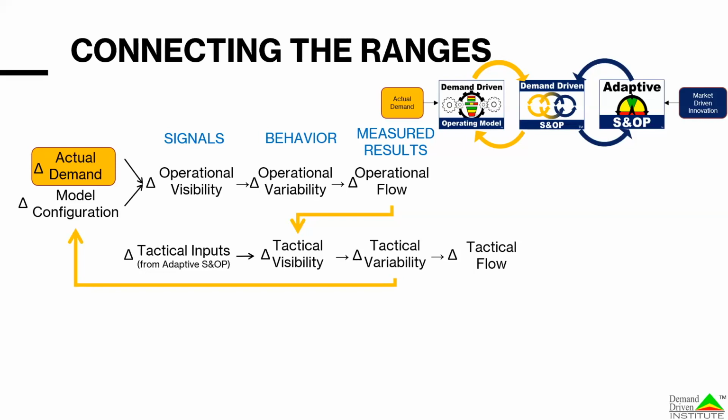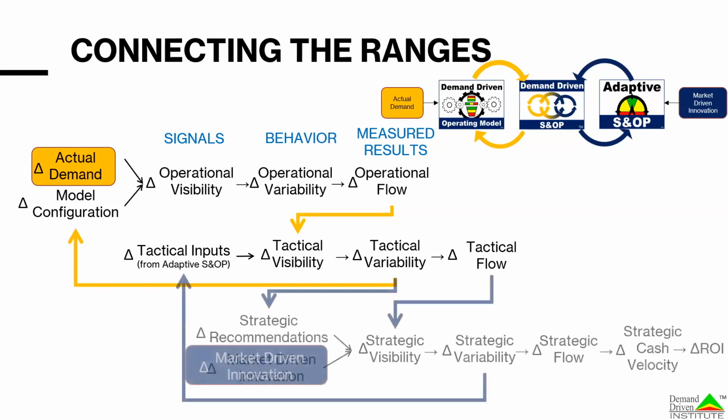What's coming at you? This is, how did the model perform in the past? So then that fosters tactical variability. What does that mean? We see the tactical behavior, one of them is model configuration. And why is that? And then it comes right back around to here. That's why these arrows are colored the way they are, right?